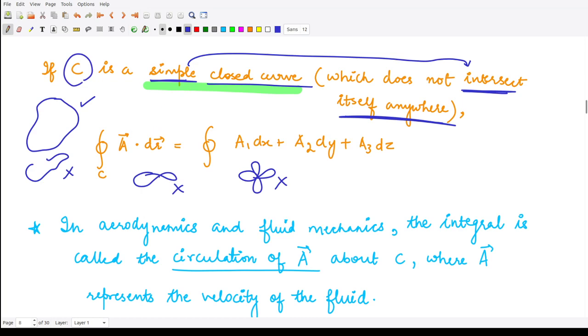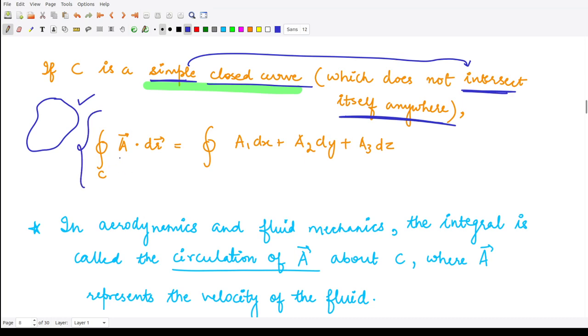Now we need to calculate the line integral for this kind of simple closed curve. The line integral is given by vector A dot vector dr over C. This is the notation: whenever the integration is performed over a simple closed curve, you mark a circle on the integral sign and write C. When you perform the dot product, this quantity becomes a1 dx plus a2 dy plus a3 dz.